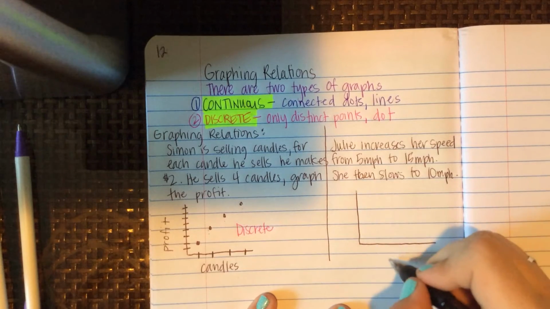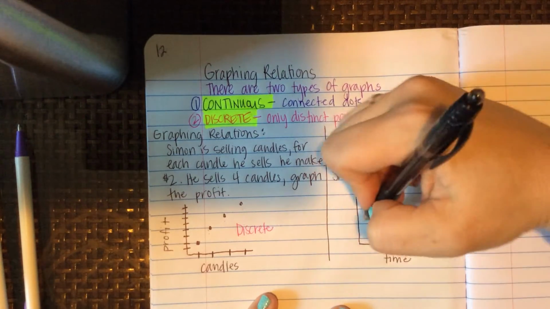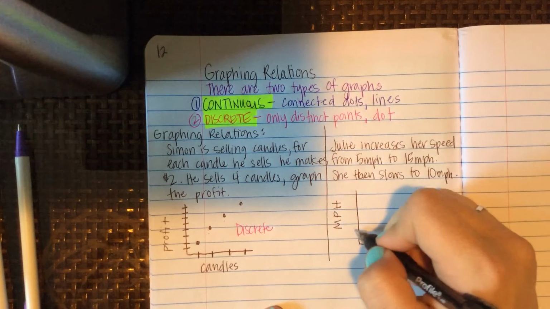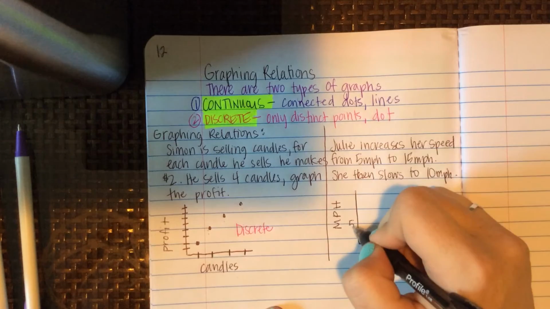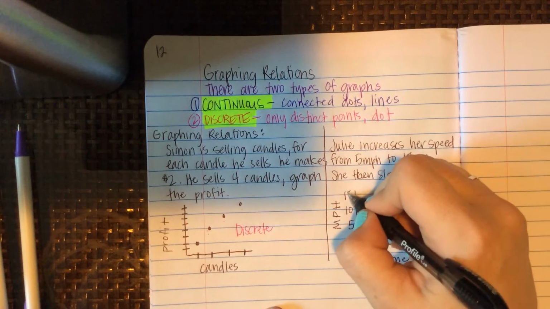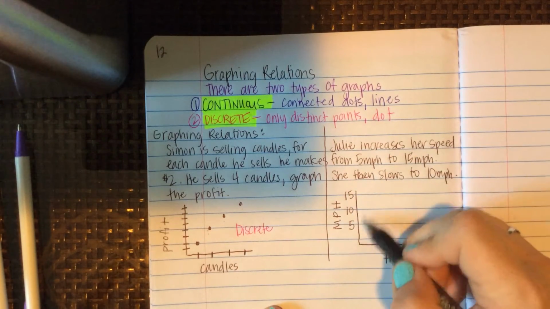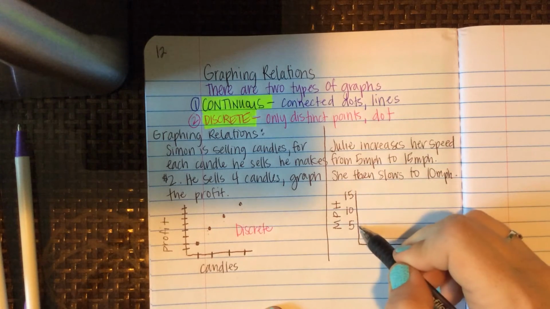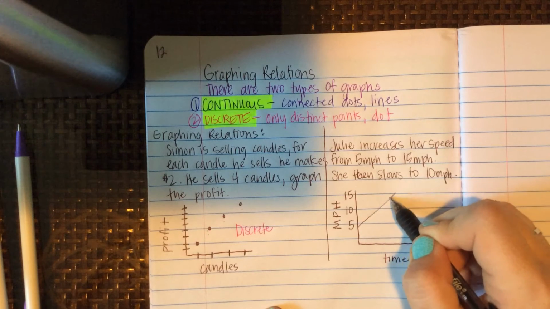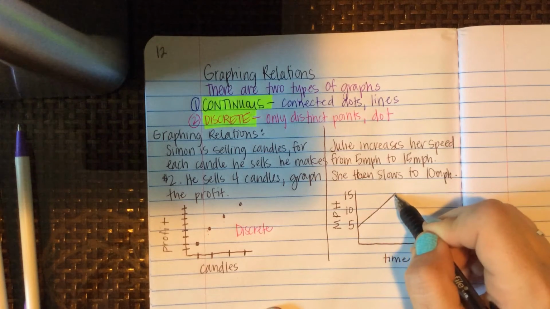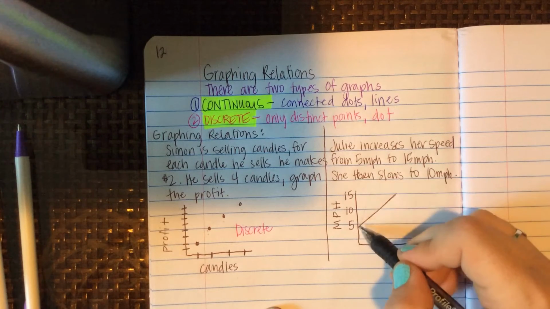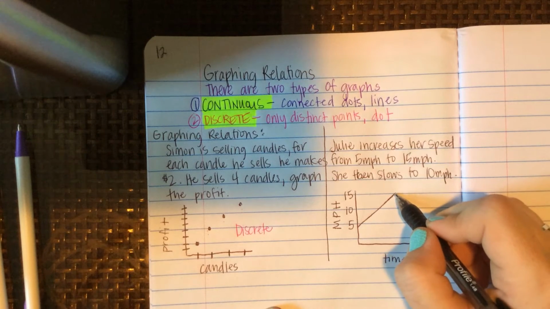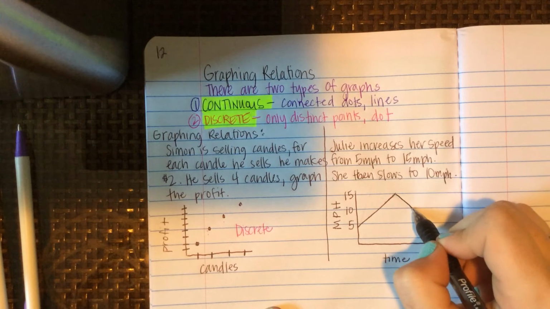So for this graph, time is on the bottom, and this side will be miles per hour. And if I counted by 5, 10, 15. Julie increases her speed from 5 miles per hour to 15 miles per hour. So from 5, she's going to go up to 15. And it's probably a gradual increase, right? It's not going to go straight up because that would be too fast. So she gradually goes up to 15. And then she goes back down to 10. And then she stays there.